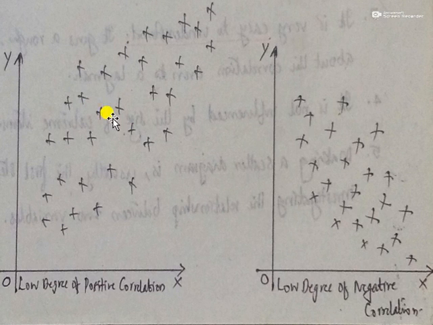Therefore, this is the case of low degree of positive correlation. See this one. Here the direction is negative, and all the points are lying in a wide band, wide width. Therefore, this is the case of a low degree of negative correlation.